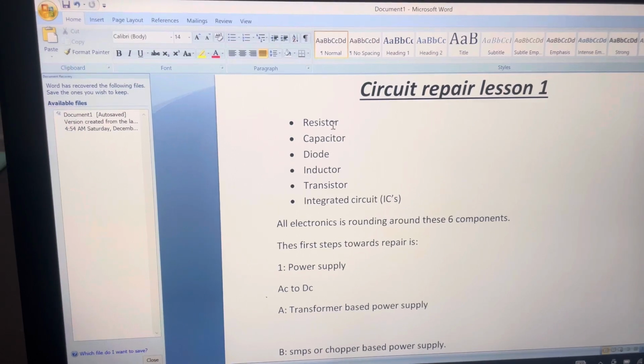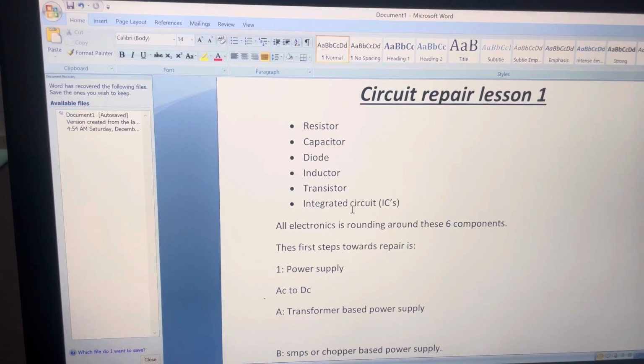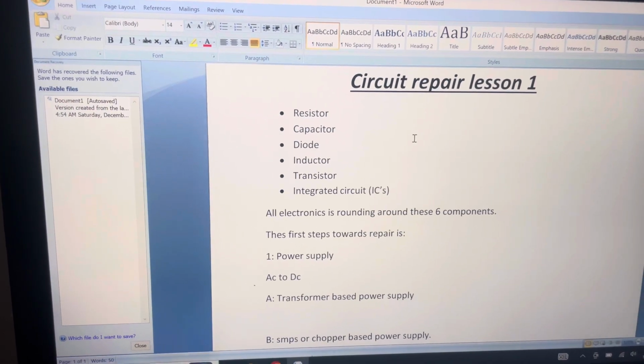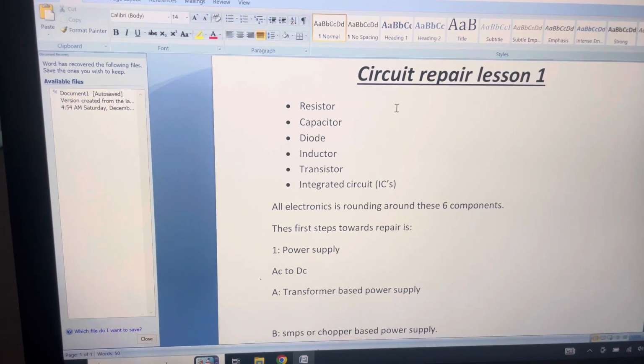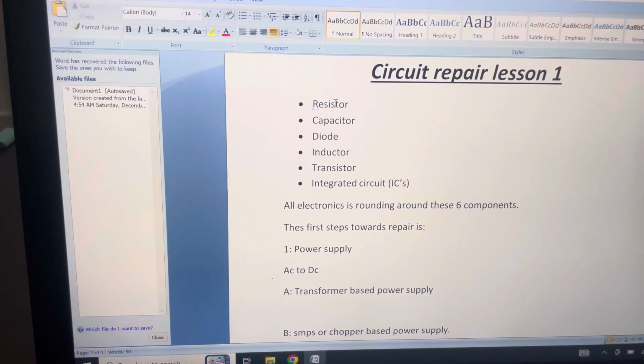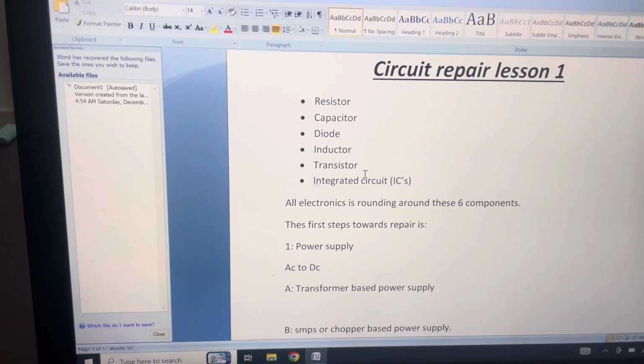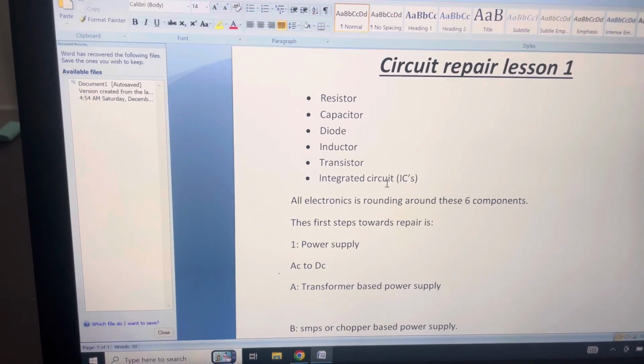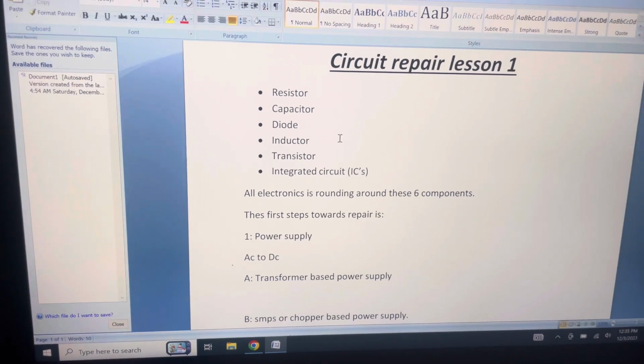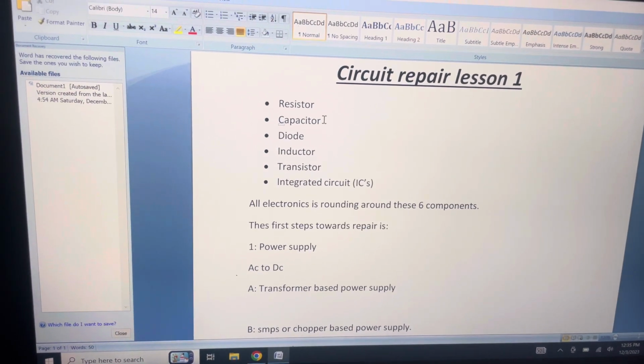Any circuit is made up of these six things. So while repairing a circuit, if you know how to check these six components, then you can easily repair any circuit you have.